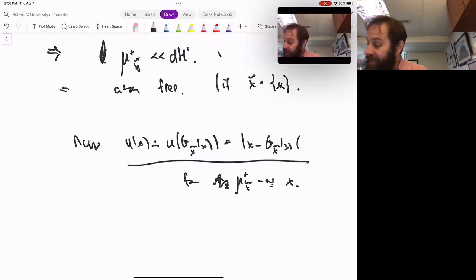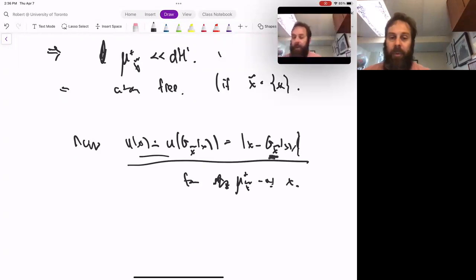And when you integrate this, since u is a Lipschitz function, you find that G is an optimal map.